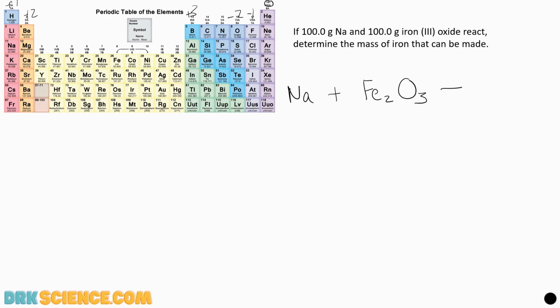So I'm going to draw our arrow, and what we get is sodium oxide, which is Na2O, plus Fe.